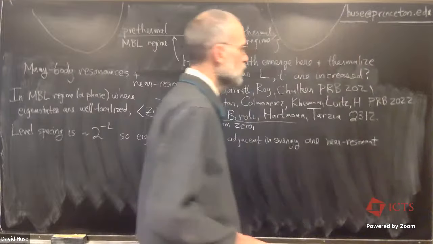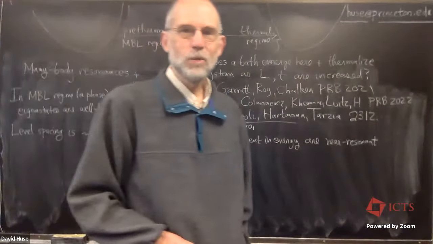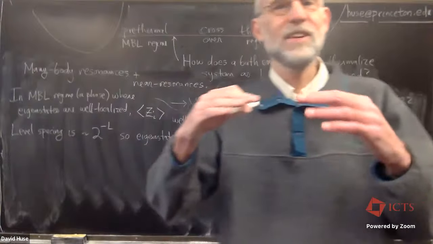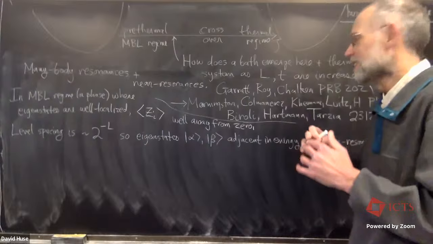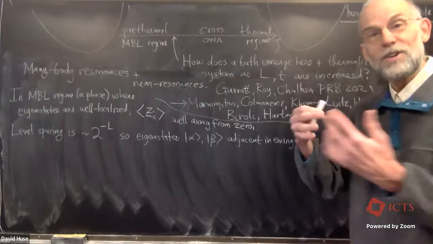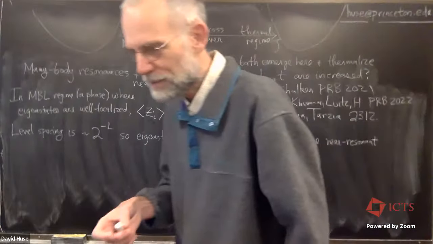And so when I say a near resonance, what I mean is two states that are almost degenerate. They could be resonant if they were strongly coupled. And then they are resonant if they are strongly coupled, and I'll tell you what I mean by that.